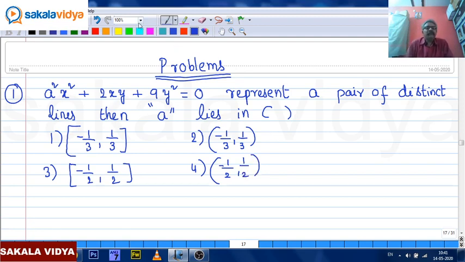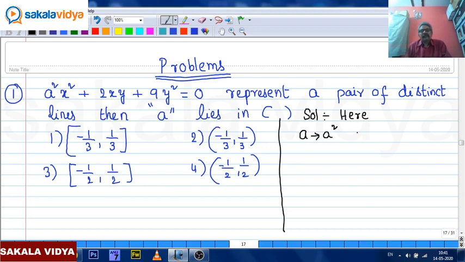Okay, let me do the problem. So now solution. Here, comparing with ax square plus 2hxy plus by square is equal to 0, a is a square, 2h is 2 and b equals 9. Since they represent a pair of distinct lines, h square must be greater than ab. That implies here h is 1, ab is 9a square.